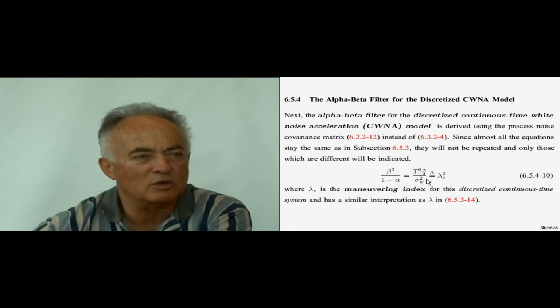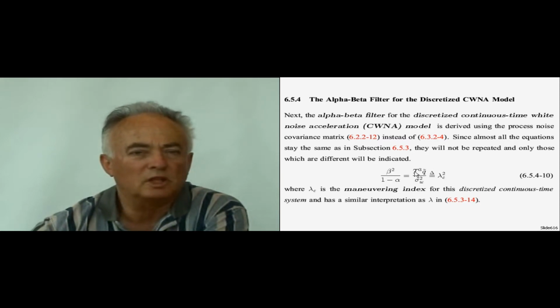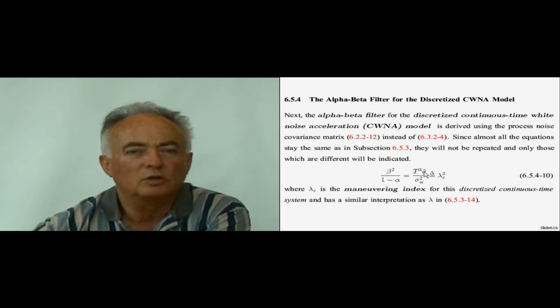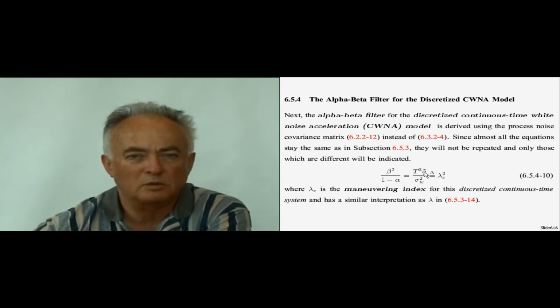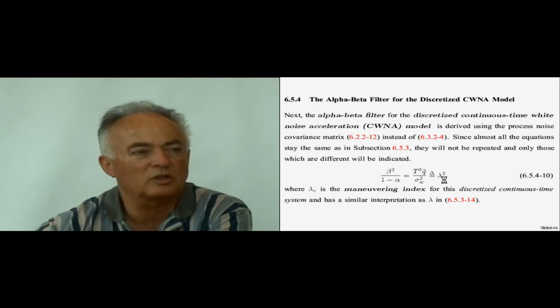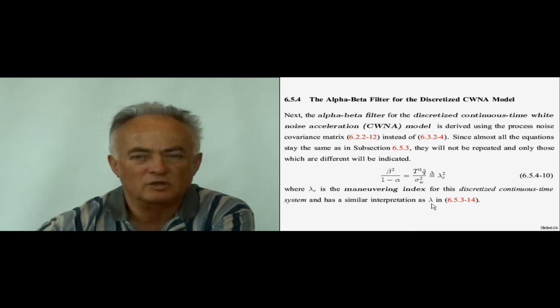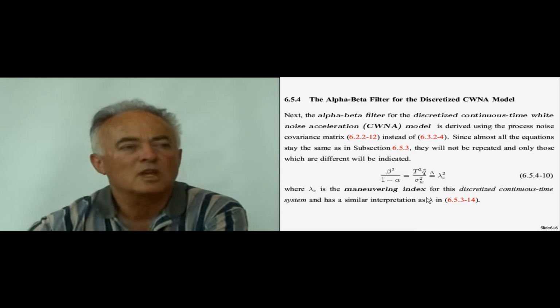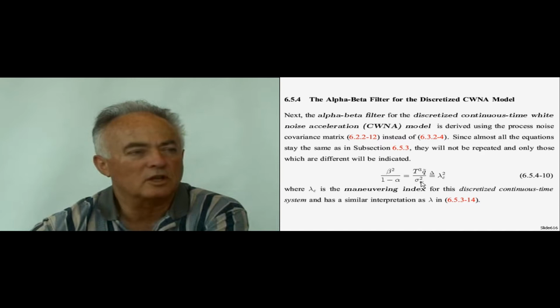Obviously same sigma w in the denominator, but the numerator is square root of q tilde T cubed, because q tilde T cubed is again a position quantity. Remember, q tilde had the length square over time cube. So multiply with T cubed, length square, take square root is length. So obviously lambda c is again a dimensionless quantity, has the same interpretation as lambda, not subscripted, from the direct discrete time model, because that's where it is the easiest to see its physical meaning, even though it is not too difficult to see it here too.